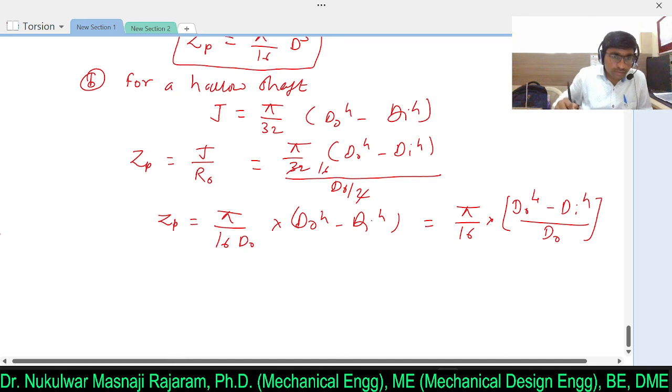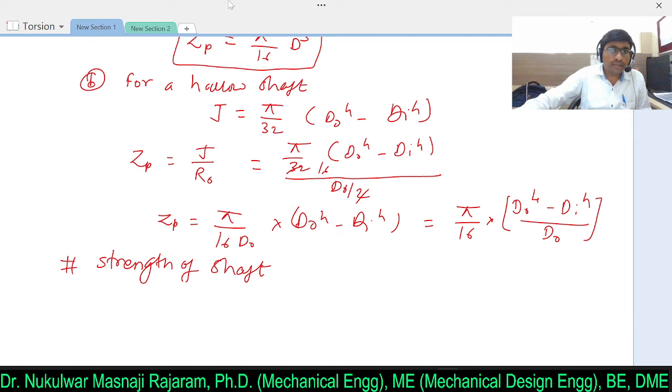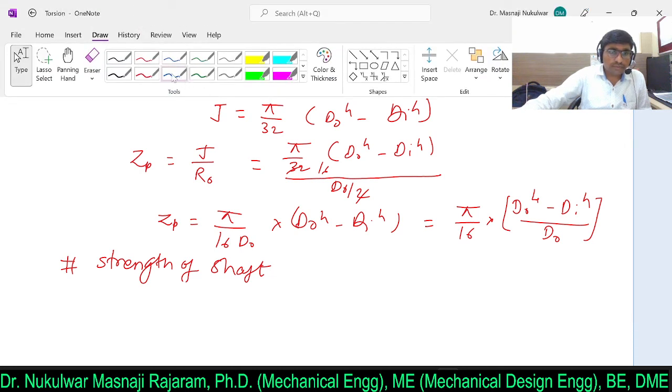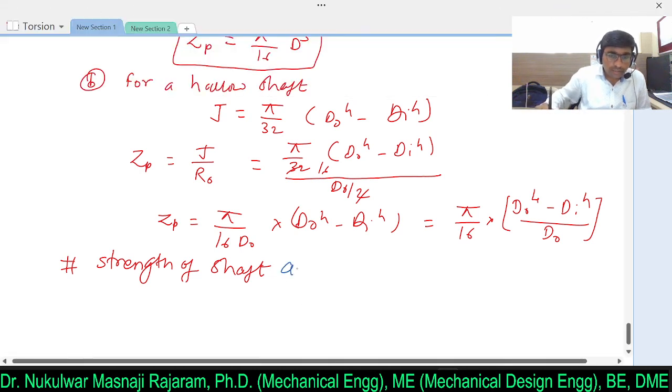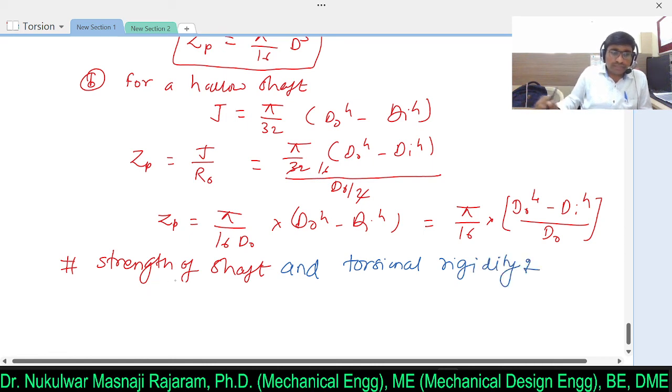Clear? Now the last topic of discussion for today's lecture is the strength of shaft and torsional rigidity. Strength of shaft means the maximum torque or maximum power a shaft can transmit. Now what is torsional rigidity?